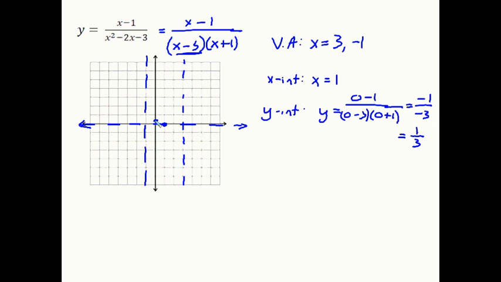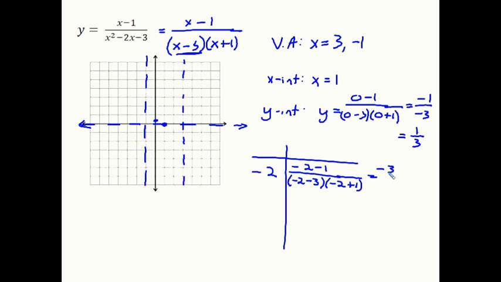And again, we could choose a few more points to help us find what this graph will look like. We'll choose some points to the left of this asymptote, x equals negative 1. So let's choose negative 2. If we put negative 2 in there, we get negative 2 minus 1 over negative 2 minus 3 times negative 2 plus 1.